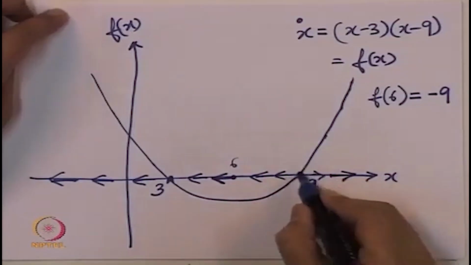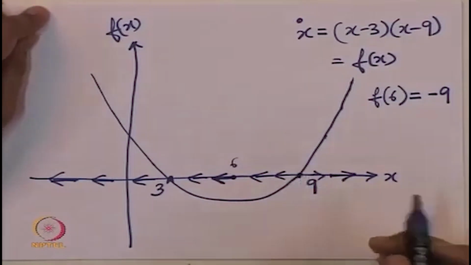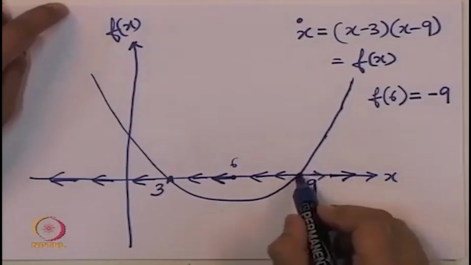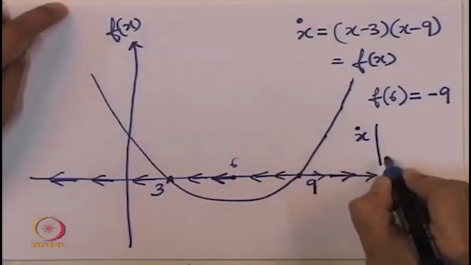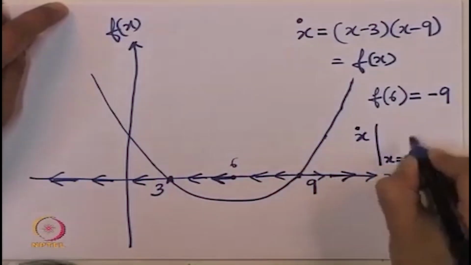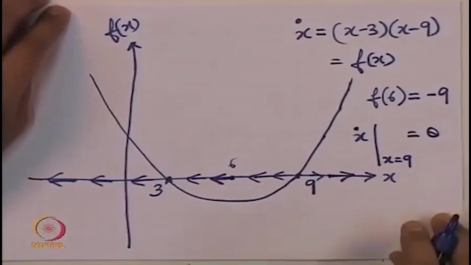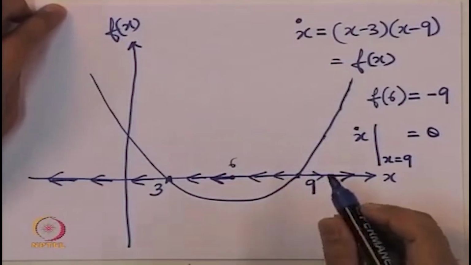Another important point we can notice is that if we start at the equilibrium point x equal to 9, then we will of course remain at 9, because x dot is equal to 0. x dot evaluated at x equal to 9 is equal to 0, and hence x does not change at all, it will remain at the point 9.